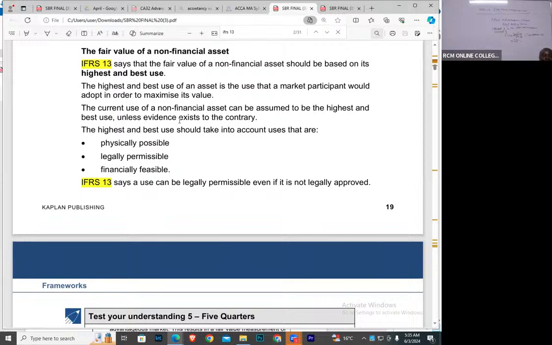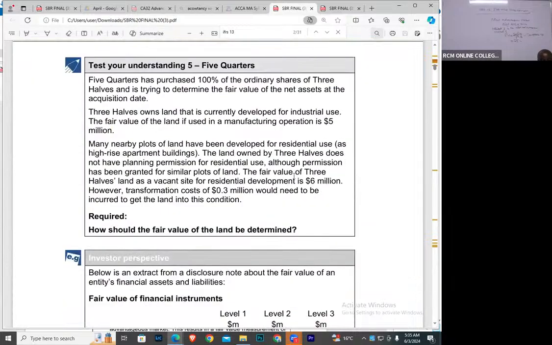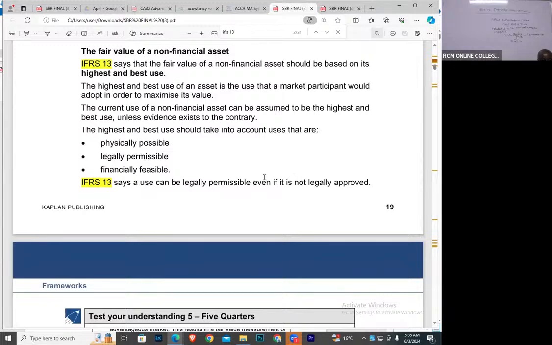IFRS 13 says a use can be legally permissible even if it's not legally approved. You can always look for approvals, and especially if other people have gotten approvals in that particular area, even if it was a restricted area, then I can say that if my neighbor got approval, I also get approval.